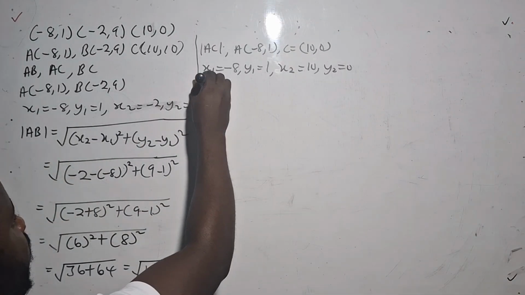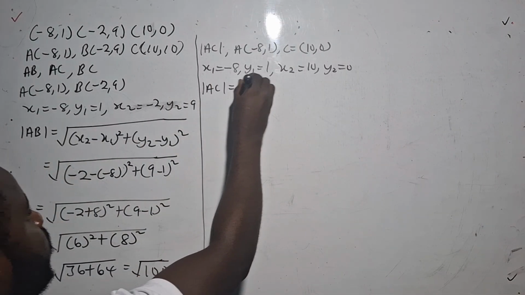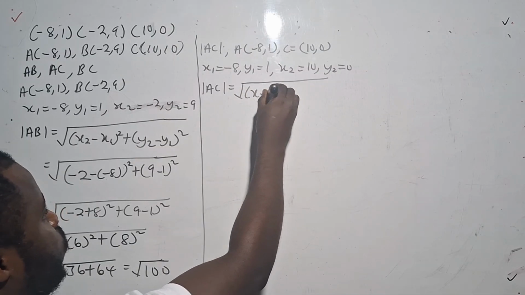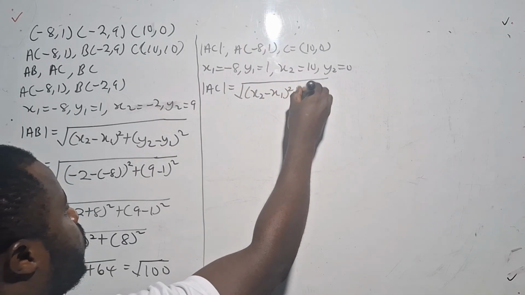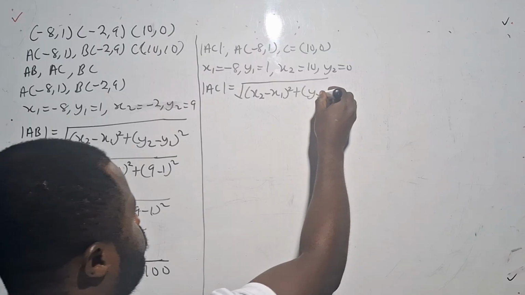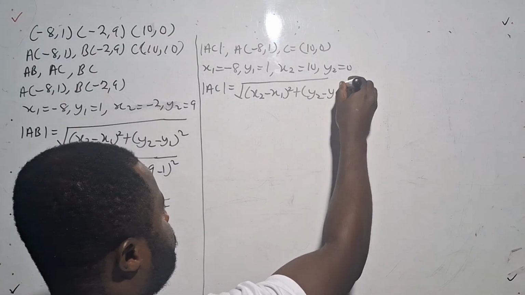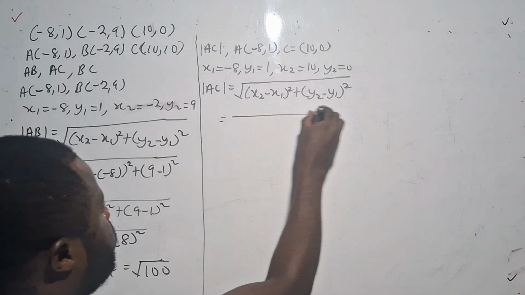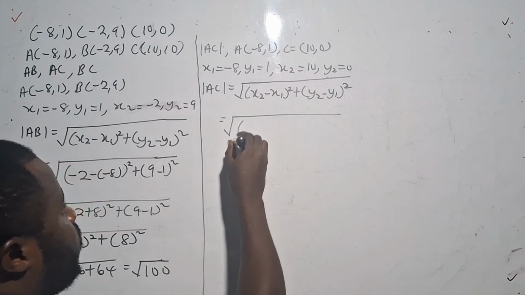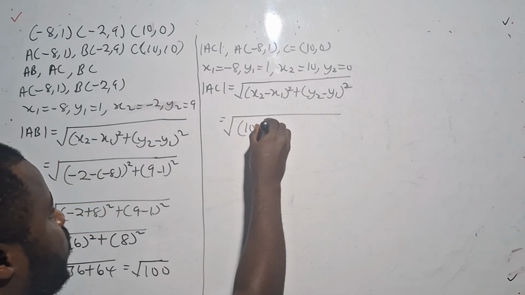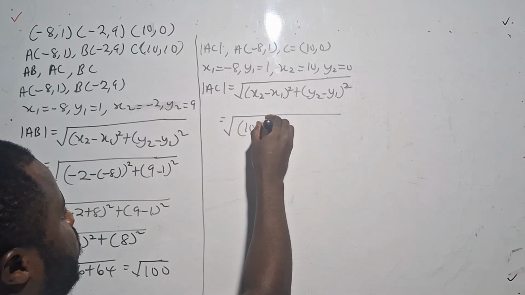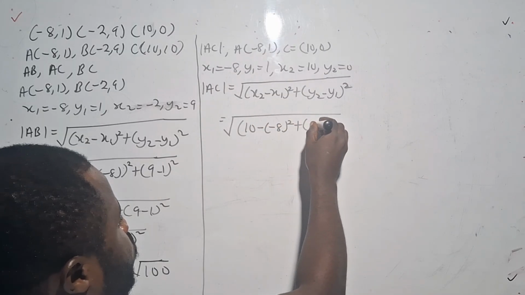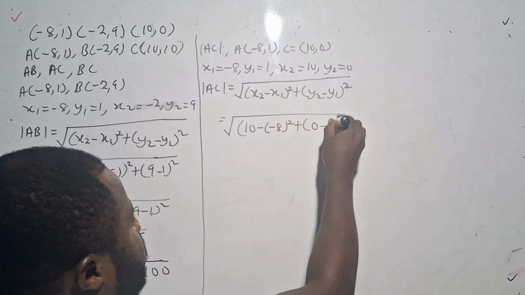Now let's find the length. So X2 minus X1 squared plus Y2 minus Y1 squared. Now X2 is 10 minus X1. So Y2 is 0 minus Y1.